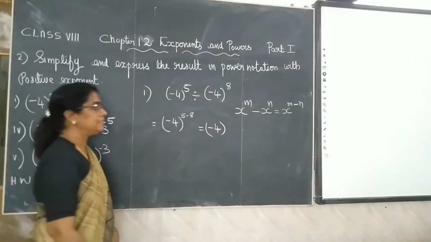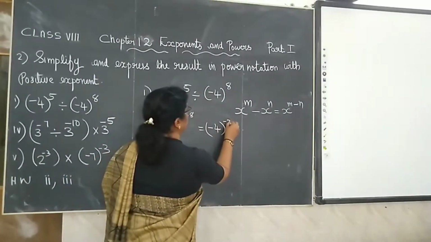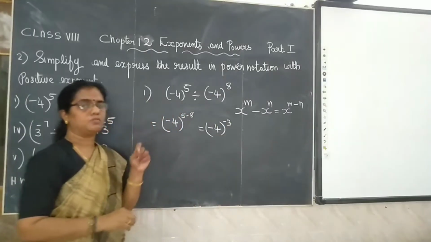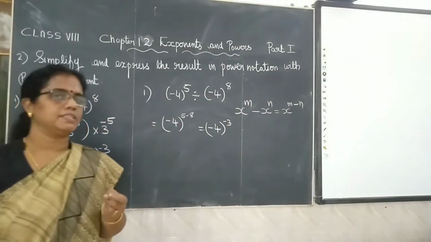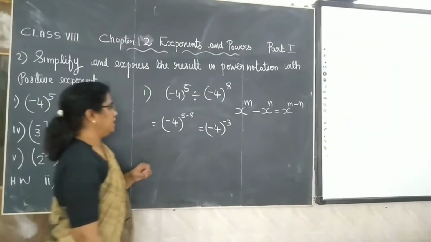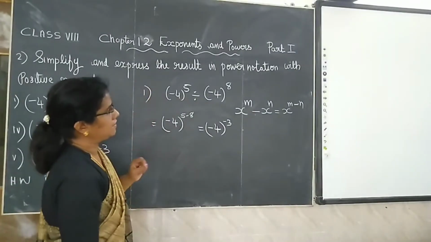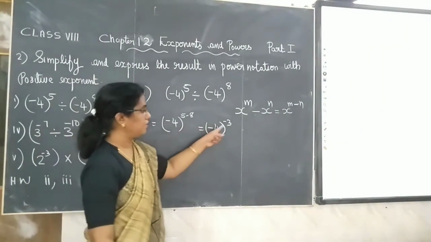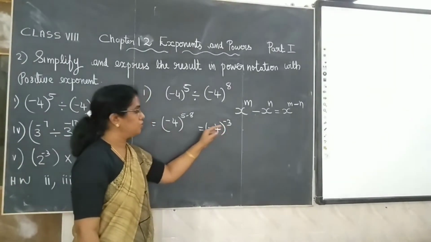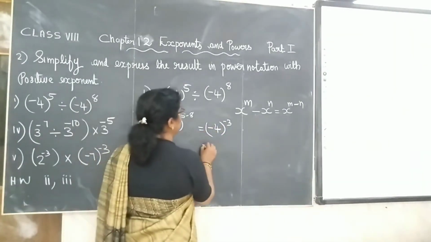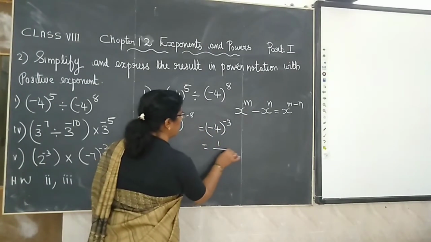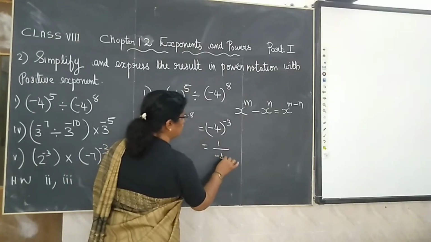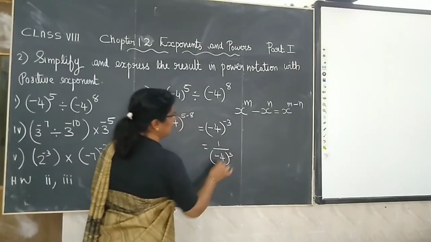5 minus 8 is minus 3, because 8 minus 5 is 3, so 5 minus 8 is minus 3. Now we have to express the answer with a positive exponent. Here the exponent or power is negative. So we can express it as 1 by (minus 4) whole raised to 3.